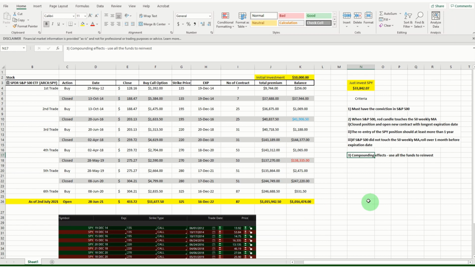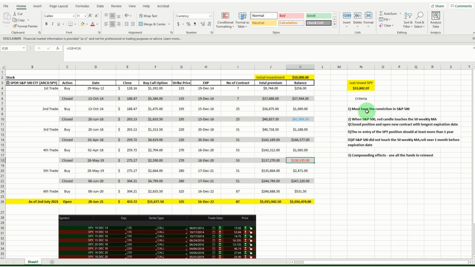You can see based on the spreadsheet here, the first entry, then the second entry touches more than 1 year, I'll close it and reopen again. Then the third entry, close it, open again. You can see that on the fourth trade we are making some minor losses.